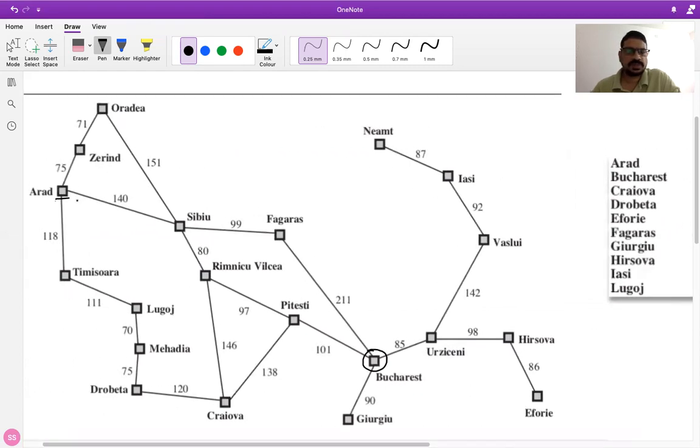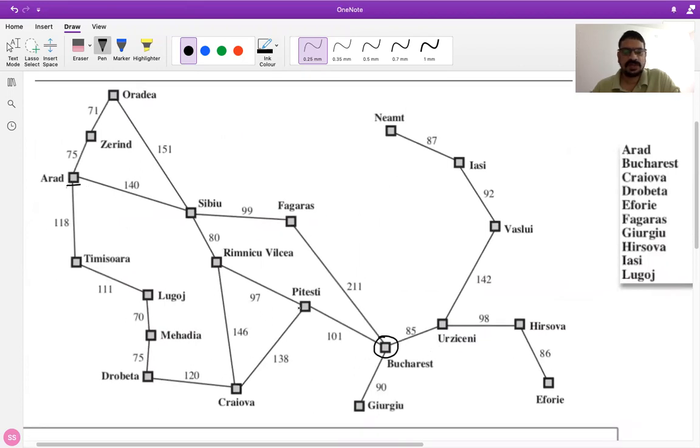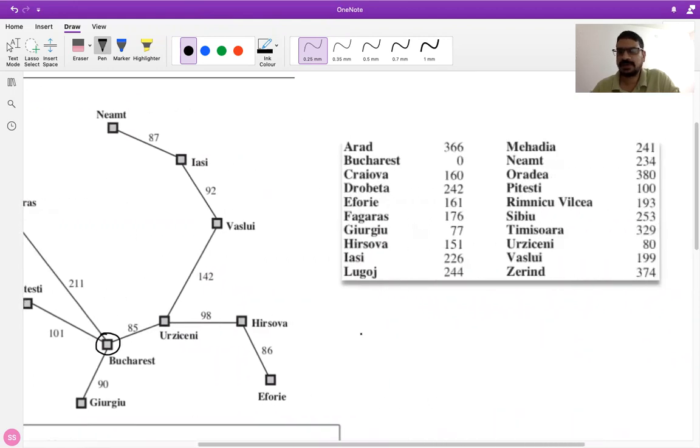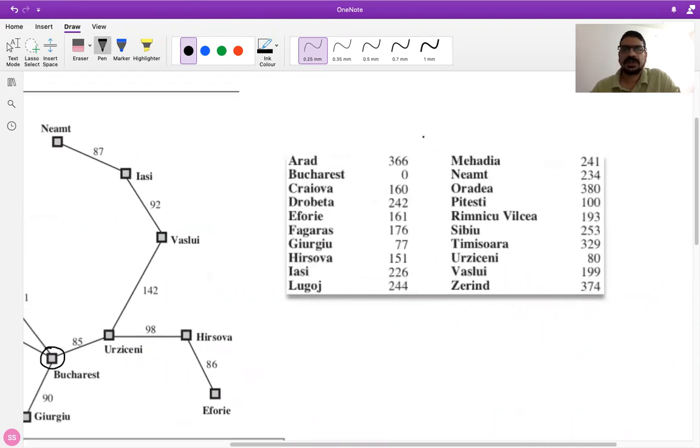Our objective is to go from Arad to Bucharest and find out the path, and we'll find that path using recursive best first search.